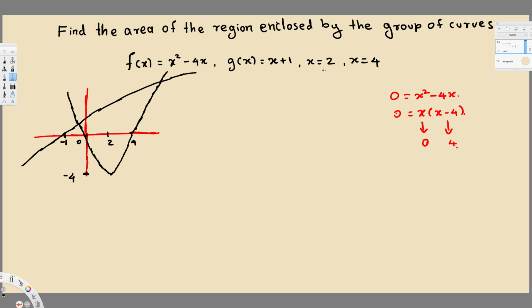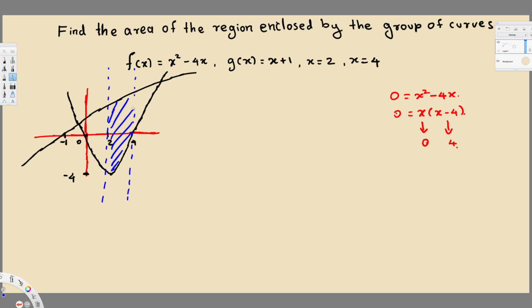And they have said that it's bounded by x is equal to 2 and x is equal to 4. So x is equal to 2 is this line right here. X is equal to 4 is this line. So the area we are interested in is this region, right?